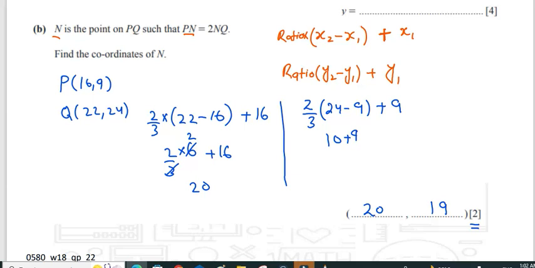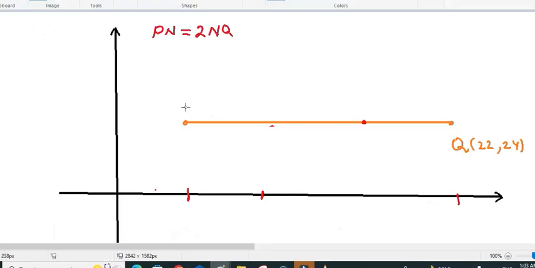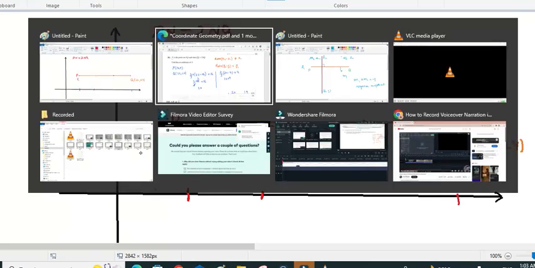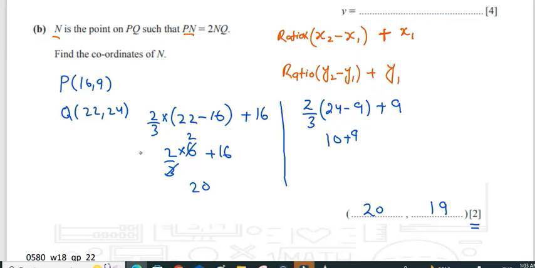Now, for example, the 2 points, that is P and Q, are given to you. These 2 points P and Q are these 2 points, right? P has the coordinates 16 and 9, right?